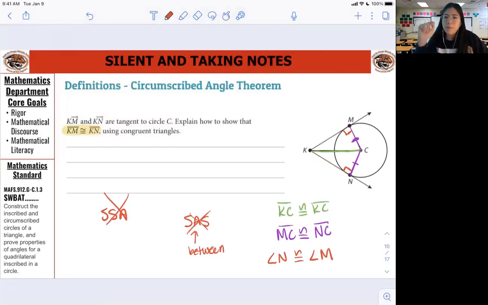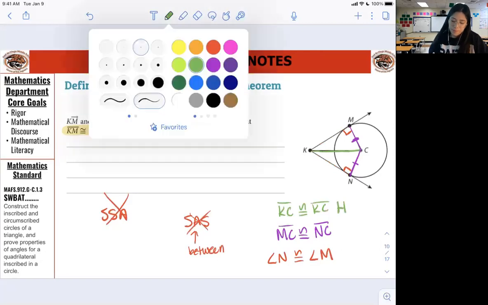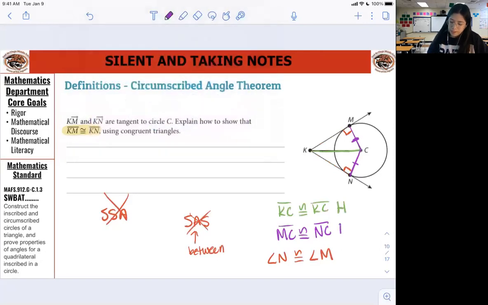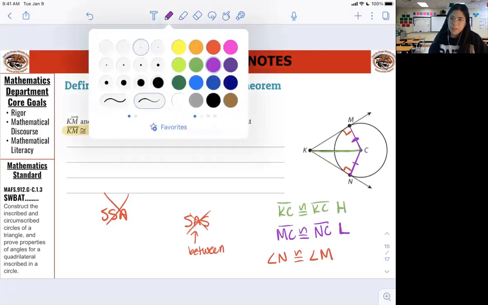However, what type of triangles do we have? We have right triangles. The green side is the what? In a right triangle, what would the green side be? It's the hypotenuse. What's the purple side? It's a leg. So what do we have? Perla was right.